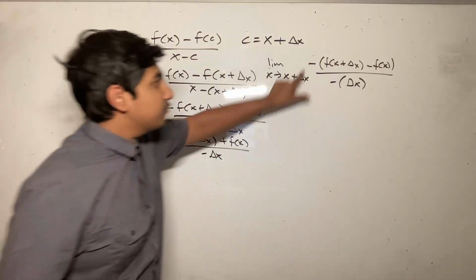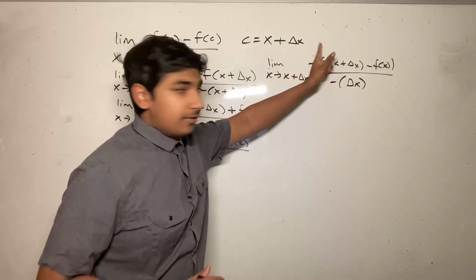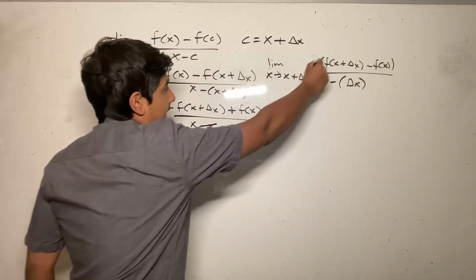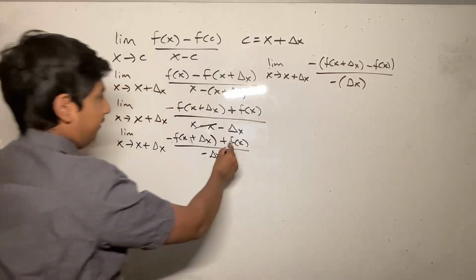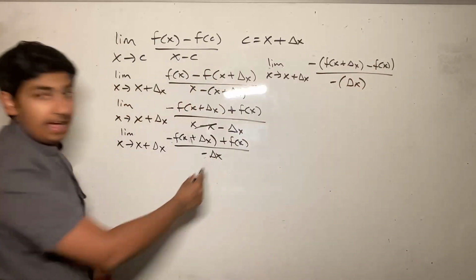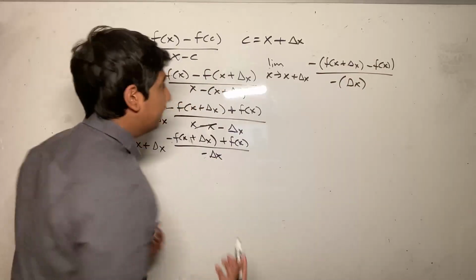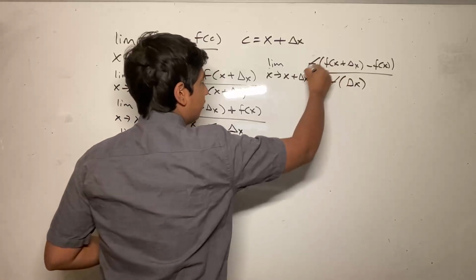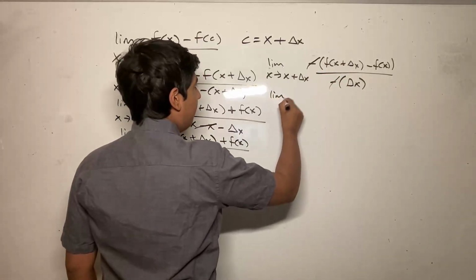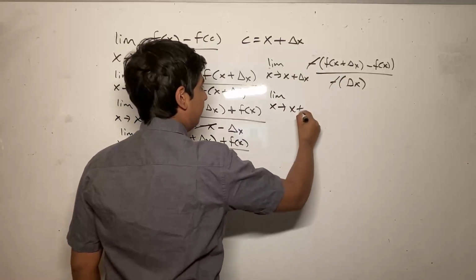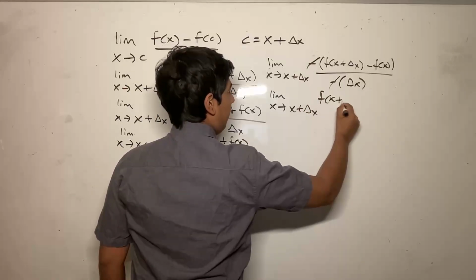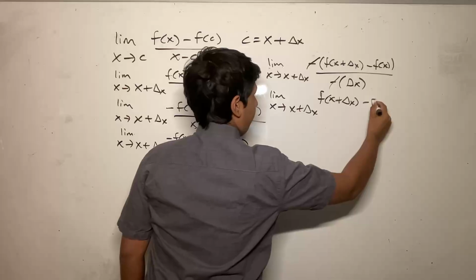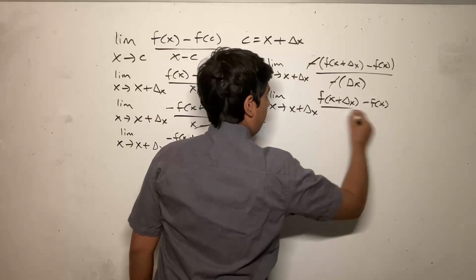Again, you can distribute this negative 1 to show that this is negative f of x plus delta x plus f of x over negative delta x, which is the same thing. And so the negative signs cancel, and we get the limit as x approaches x plus delta x of f of x plus delta x minus f of x all over delta x.